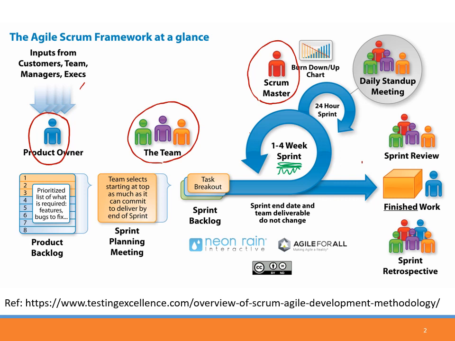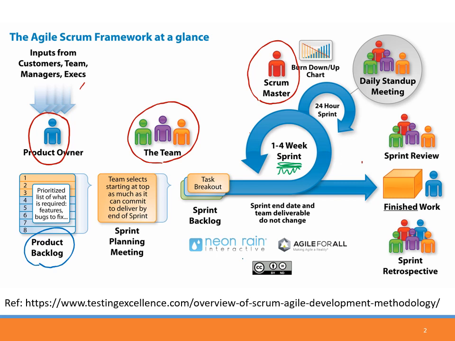The product backlog. Product backlog is a prioritized list of what is required to do, which could be a bug fix, which could be a feature to implement, which could be a meeting with a customer. So anything that we have to do within the team as part of the project, we list within what we call the product backlog.